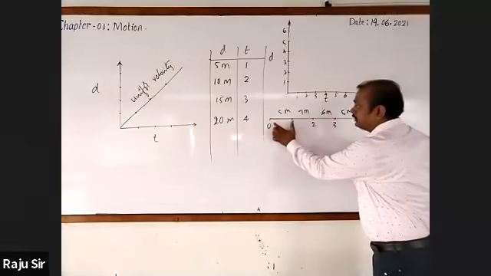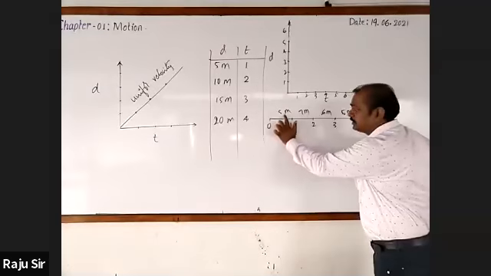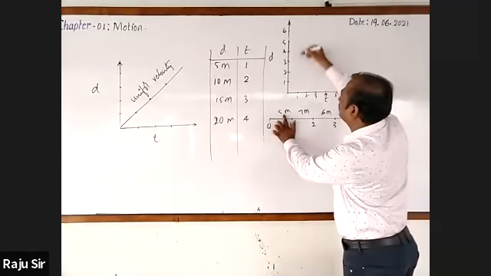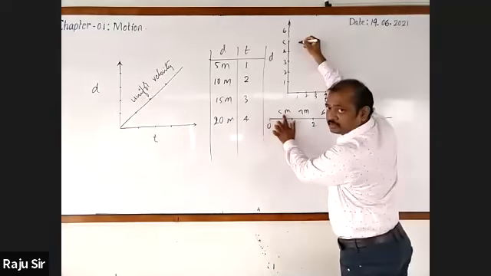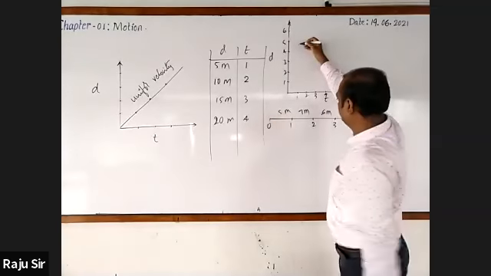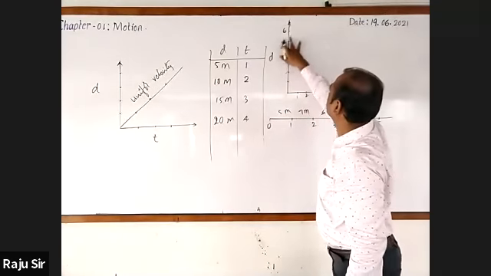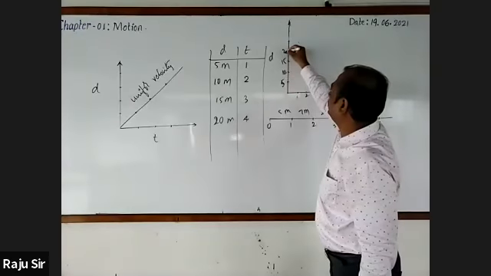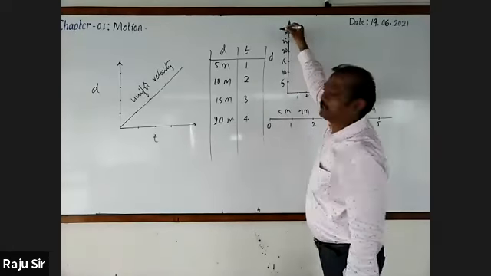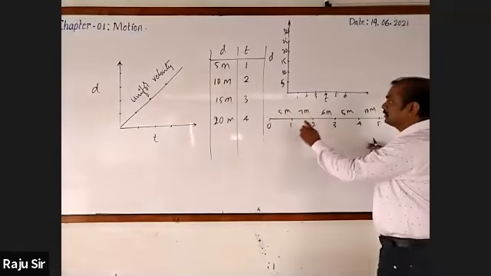Or else, wait. Let me mark 5, 10, 15, 20, 25, 30, and so on. It will be easy to mark.